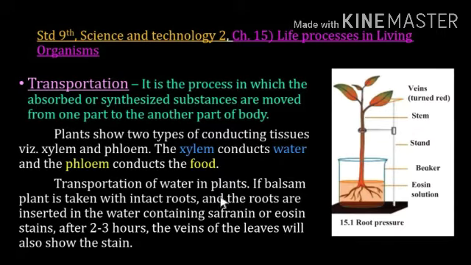If a balsam plant is taken with intact roots and the roots are inserted in a container containing safranin solution or eosin stain, after 2 to 3 hours the veins of the leaves will also show the color of the eosin or safranin. This indicates that the colorful substance is raised through the stem and reached up to the veins.